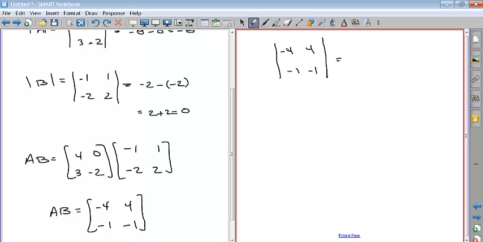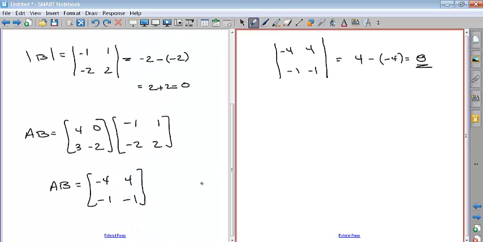So that's going to be negative 4 times negative 1, which is positive 4, and then you subtract 4 times negative 1, which is negative 4, and so that is 8. So that's the determinant of that.